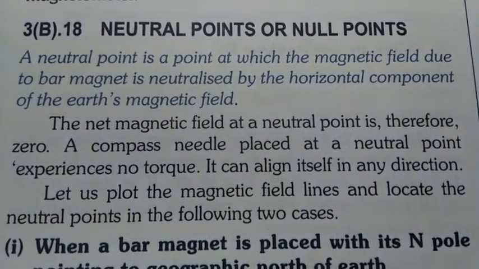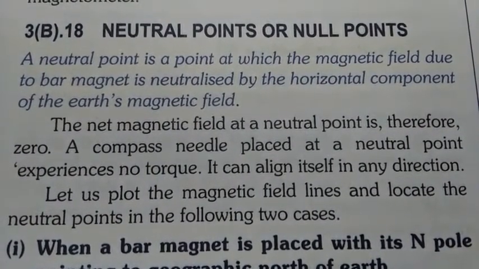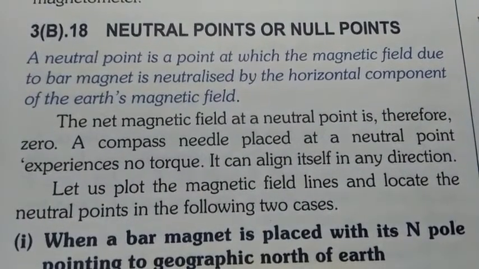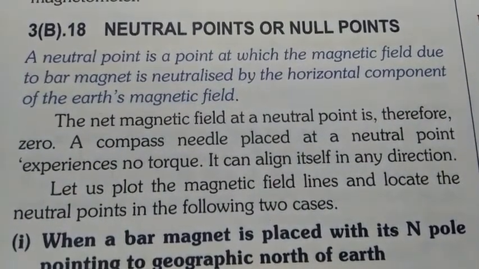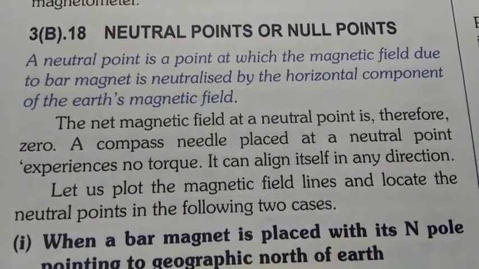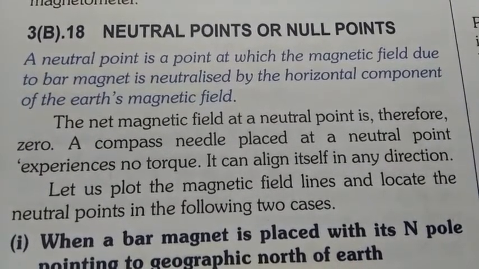Then we have the last topic of this chapter, neutral points or null points. A neutral point is a point at which the magnetic field due to a bar magnet is neutralized by the horizontal component of the Earth's magnetic field.